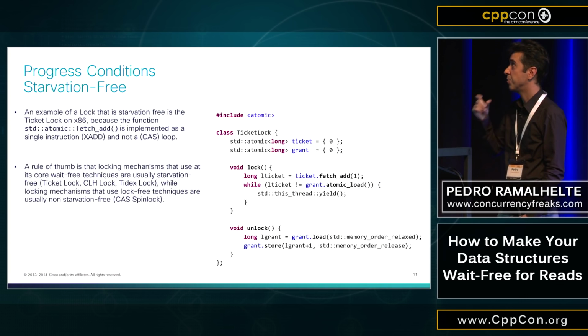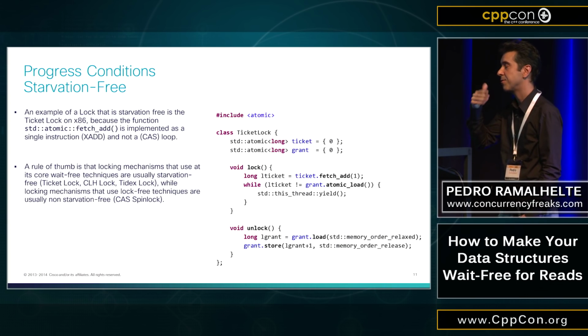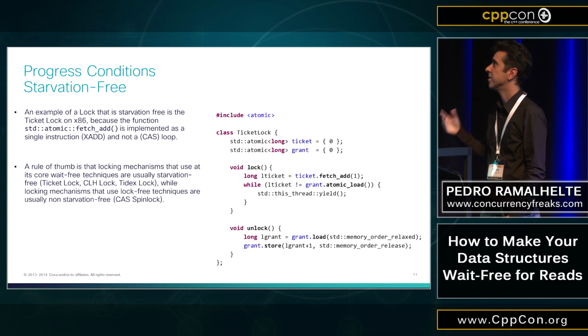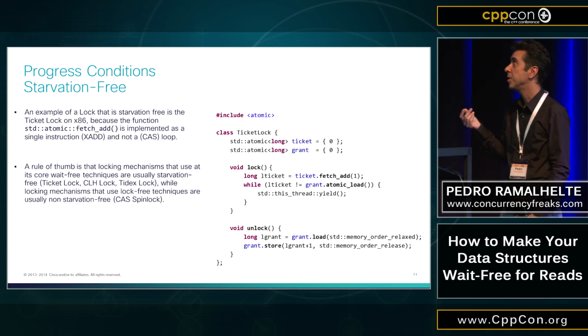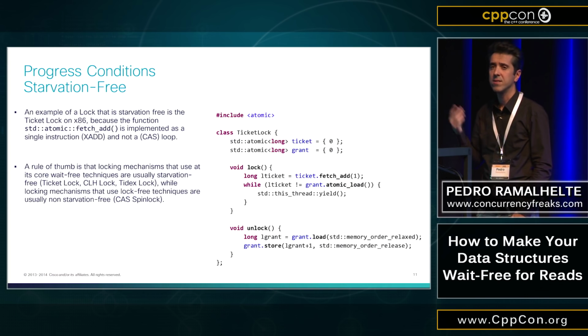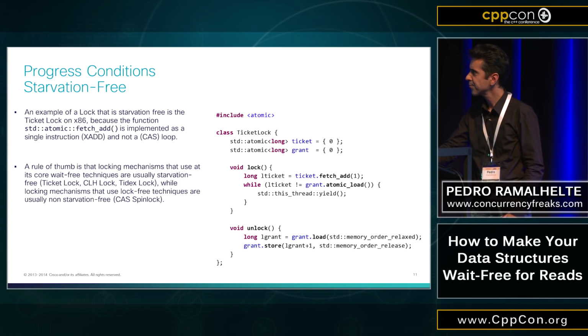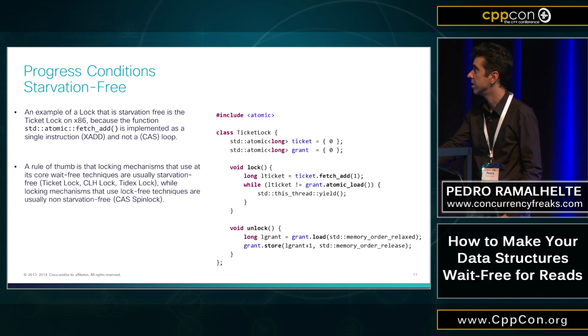Eventually, it will get to your ticket, and all the other threads will be yielding, waiting for you to take your turn, and then waiting for that thread to take its turn. So there's always a finite number of steps, which in this case is called linear wait starvation-free, because each thread has to wait at most for n threads, or n-1 threads. And there are many examples of starvation-free locks besides the ticket lock: CLH, TDEX, which we discovered.